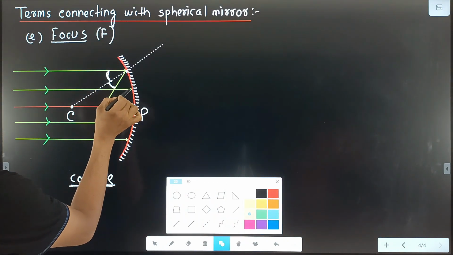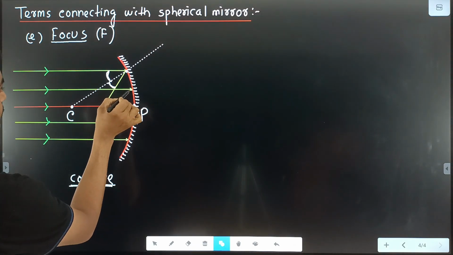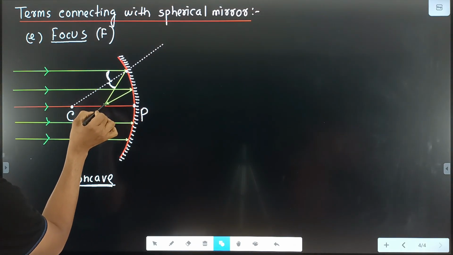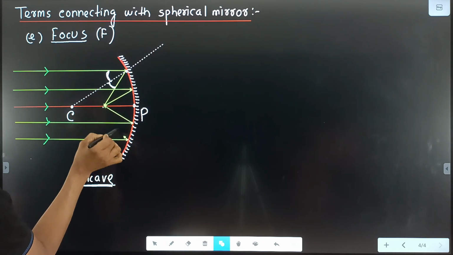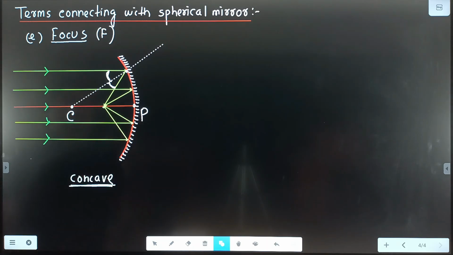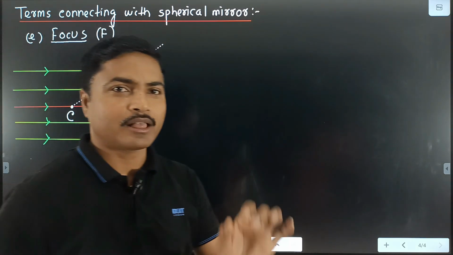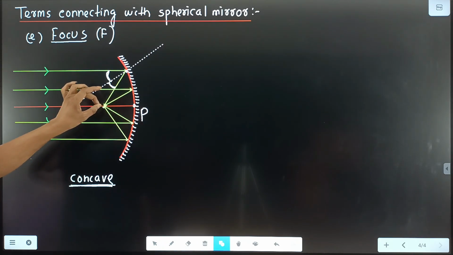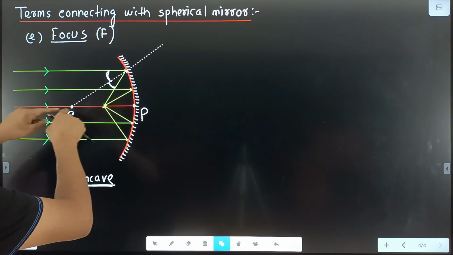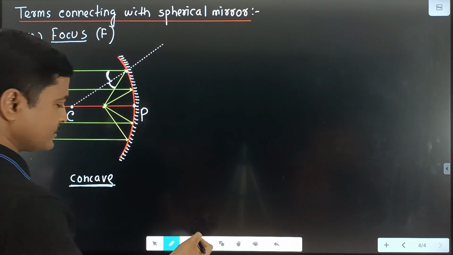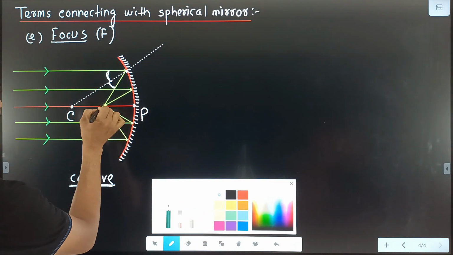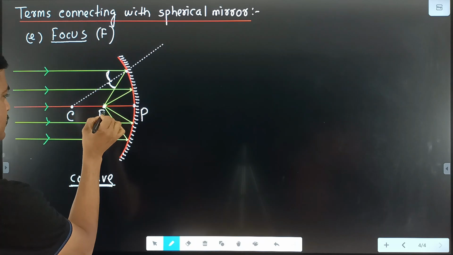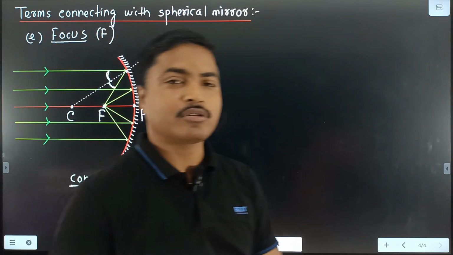This one is the incident ray, and from this point the ray is returned back into the same medium, and the reflected ray moves in this direction and meets at the same point. Look at the figure: all the reflected rays after reflection meet at a common point situated on the principal axis. This point is known as the focus.